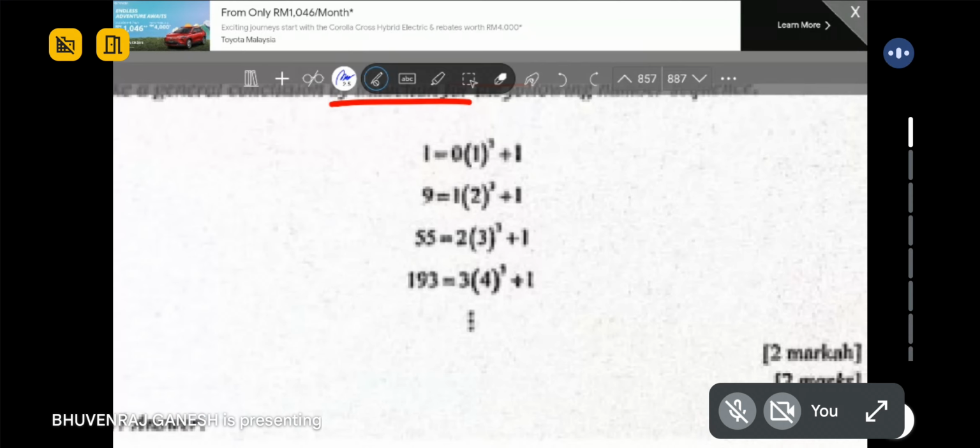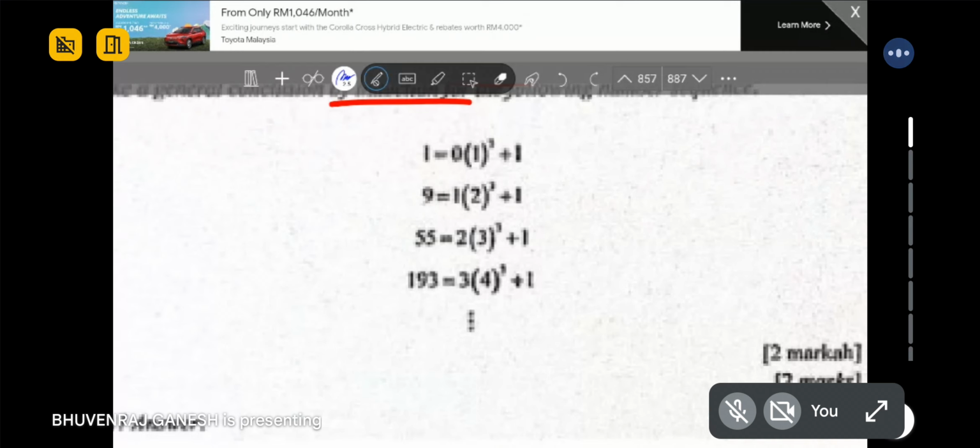So anyone got idea how to write the answer? Siapa ada n minus 1 times n power 3 plus 1. Ya, bukan.